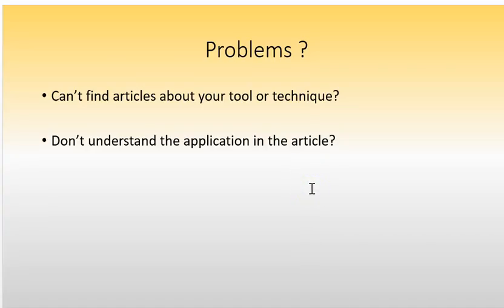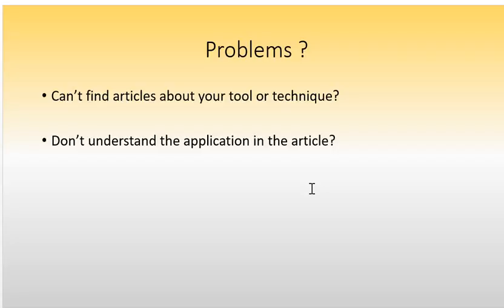So what are some problems that you might have run into? One big issue is finding articles about your tool or technique. There are so many different things that these are called, and when you read through articles, you could really dredge through articles and not get the information you need.